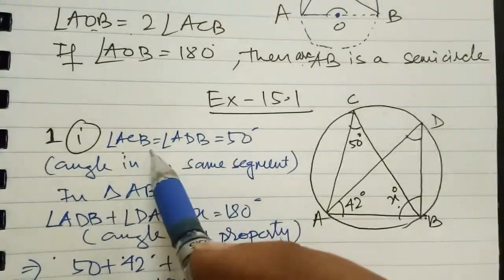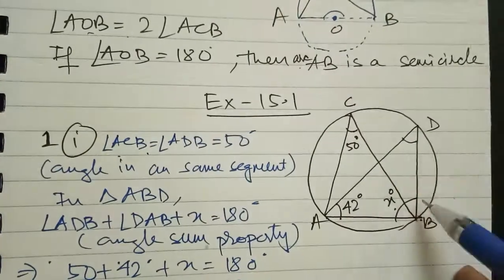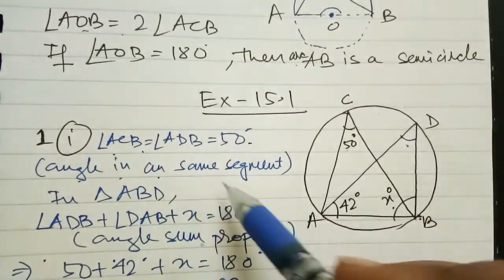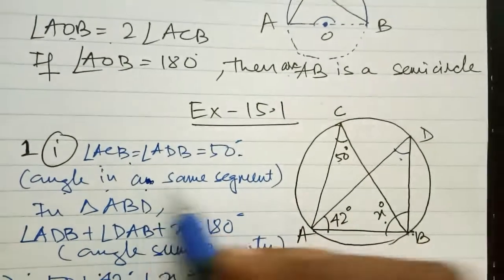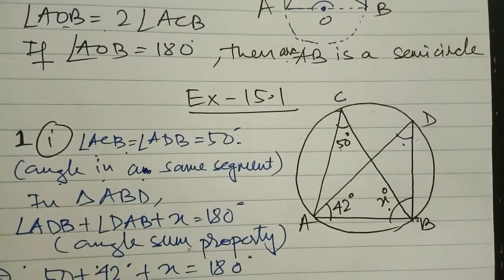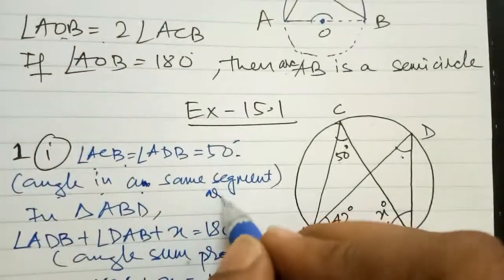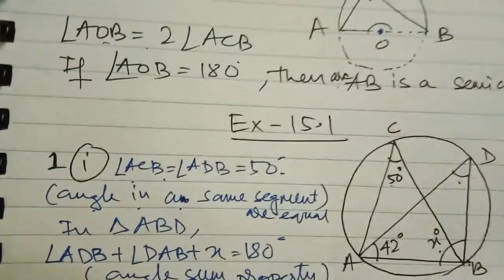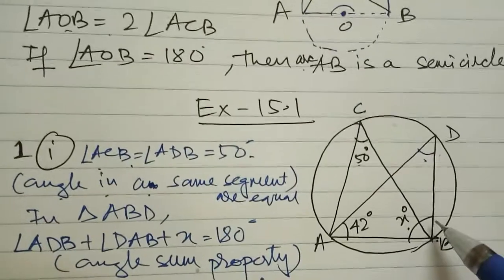I have written angle ACB and angle ADB, both are 50 degree, because angles in the same segment are equal.